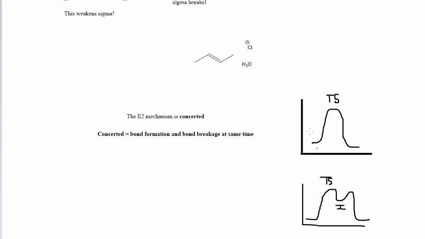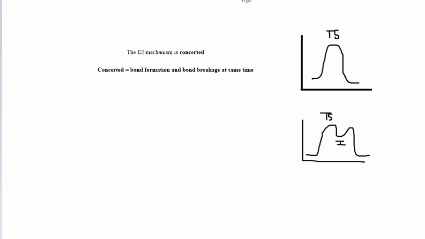What we're saying is that since this is a concerted mechanism, no intermediate is formed. You only get a transition state. Intermediates are possible to isolate in the lab. Transition states are not. They're so short-lived that they can't be isolated except by spectroscopic methods.